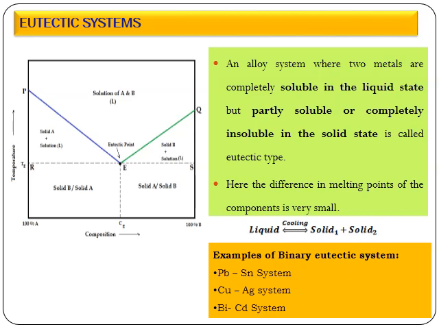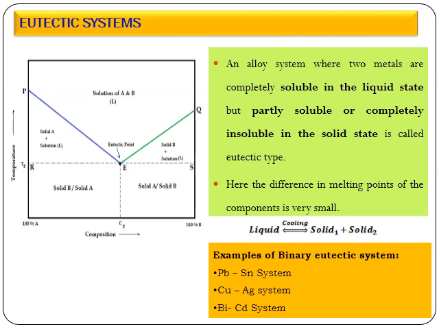Now let us take one of such binary alloy systems, the eutectic system, in detail. In the diagram, you can see a phase diagram drawn for a eutectic system with temperature on the y-axis and the composition of the two components present in the binary alloy system on the x-axis.